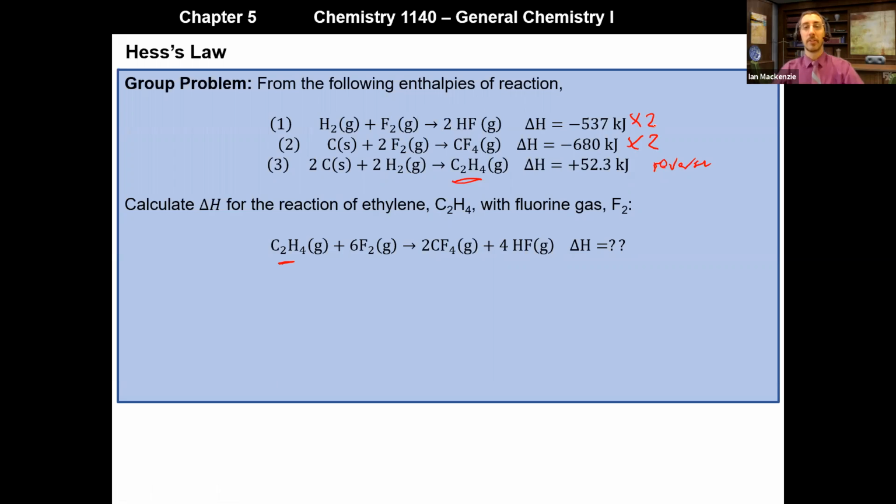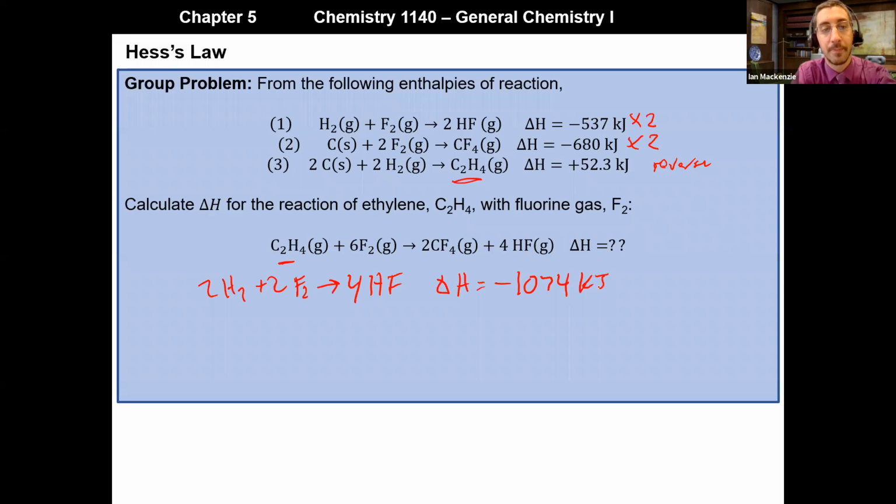If I do this and then write this all out and sum these up, the remaining species should all balance and cancel out. So if I write equation 1 multiplied by 2, I would have 2H2 plus 2F2 goes to 4HF, and my delta H is now whatever, negative 537 times 2, this is negative 1074 kilojoules.